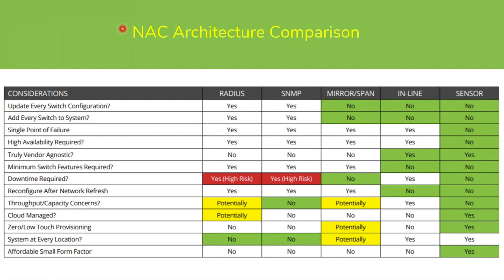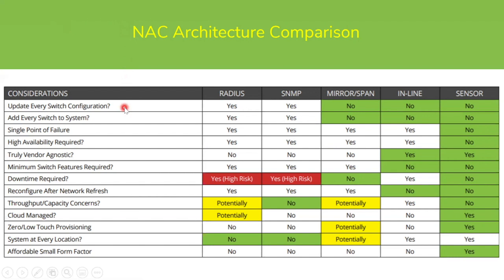We've chosen these 5 as these are the most common deployment methods and architectures out in the market today, and they represent the vast majority of NAC implementations that are in production. Looking at this, green is good. So anything you see here that's green, that is an advantage, and that helps you with these considerations that are listed here.